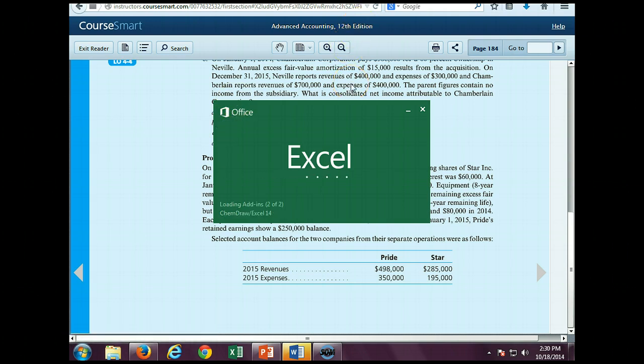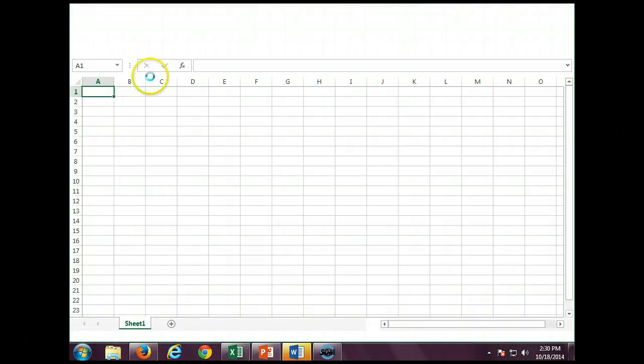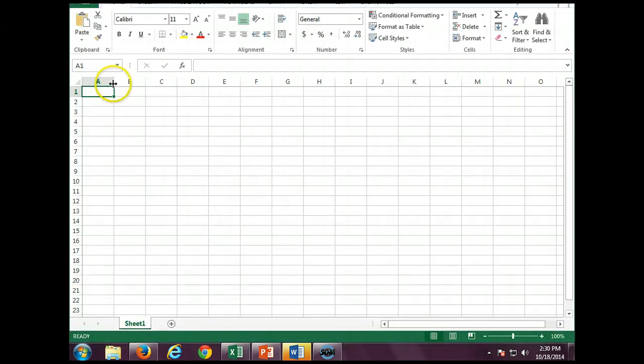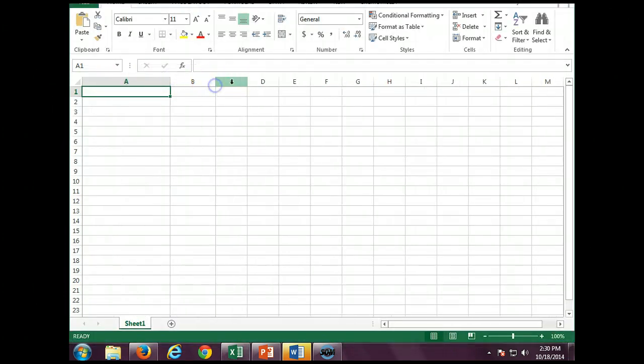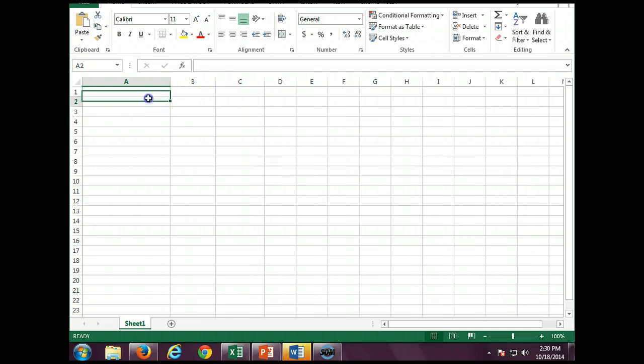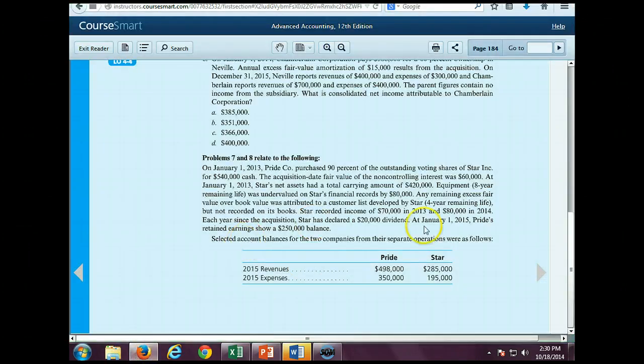So we need to first start at 100% of the fair value. 100% of the fair value is going to be the consideration by the parent, was 540. Then, do you see here it tells us the acquisition date fair value of the non-controlling was 60?